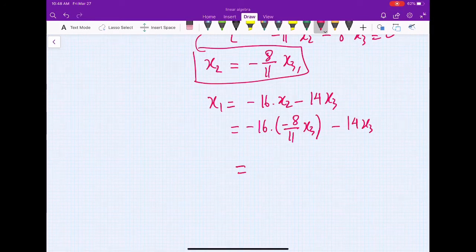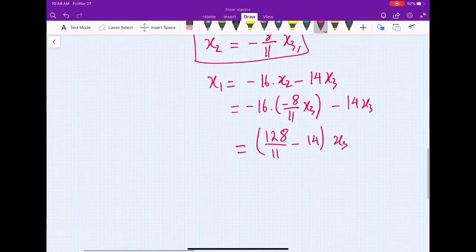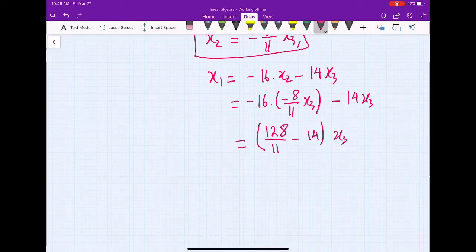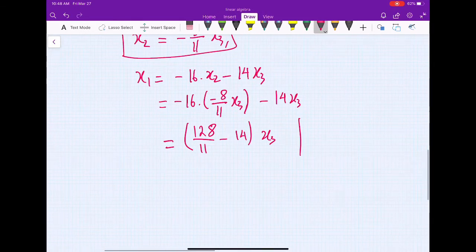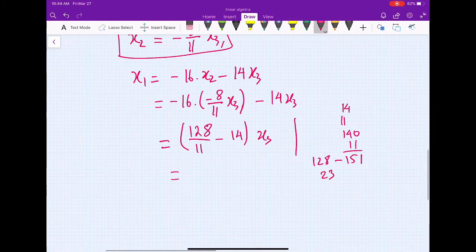You get plus, so you have 128 over 11 minus 14, multiplied by x3. So you just simplify this. Okay, let me do this in here. 14 times 11 is 154, so basically that is minus 154 plus 128, so you get negative 26 over 11 x3.